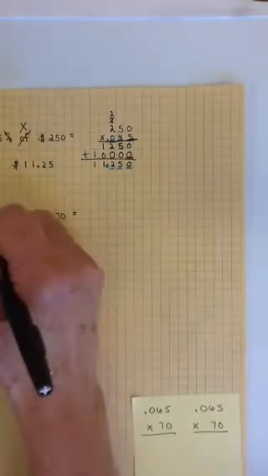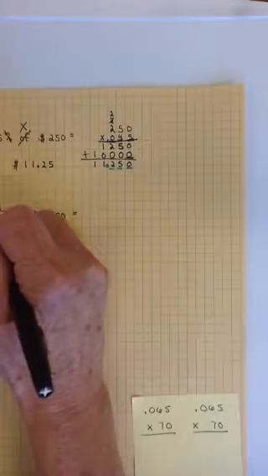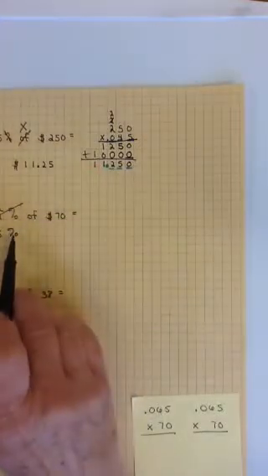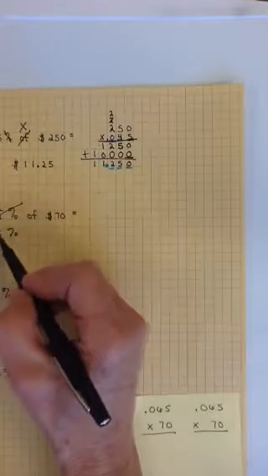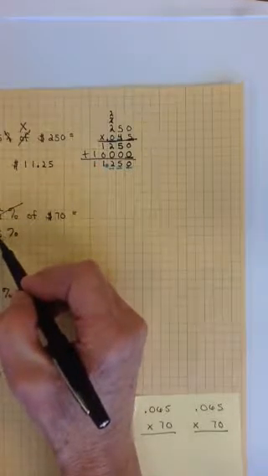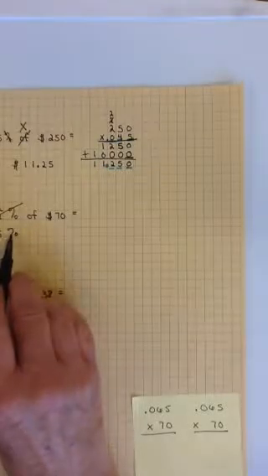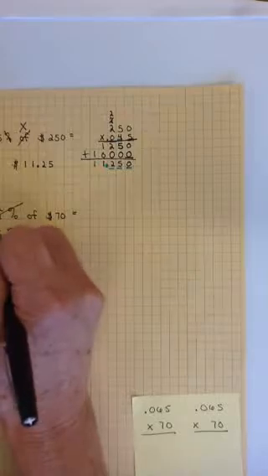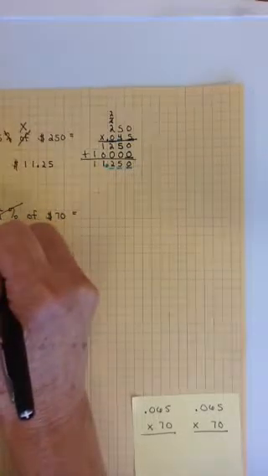So we're going to rewrite 6 and a half percent as 6.5%. And all I did was change 1/2 to 0.5. Because now when we move our decimal point, in order to drop that percent sign, everything will be in a decimal form. We don't want this fraction in the middle of our problem.